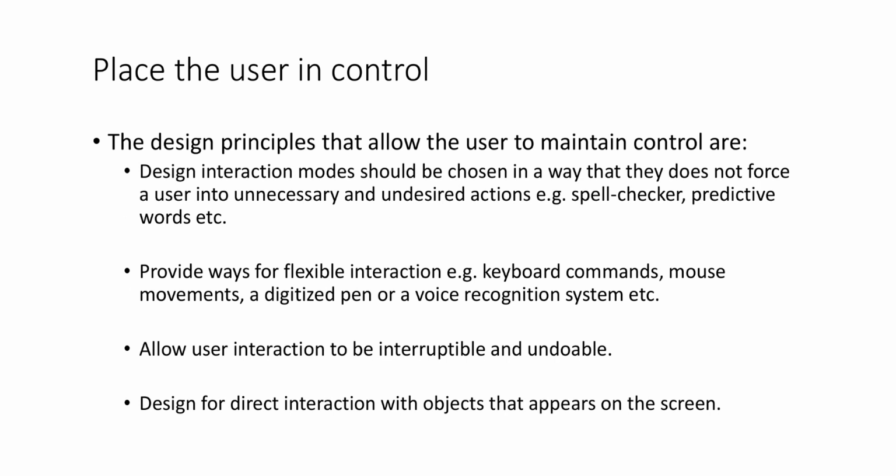The third thing is it allows user interaction to be interruptible and undoable. So if a user does one of the actions, he has a choice to stop the current process, right? If it's deleting a certain thing, the system asks him whether you want to delete it or not.